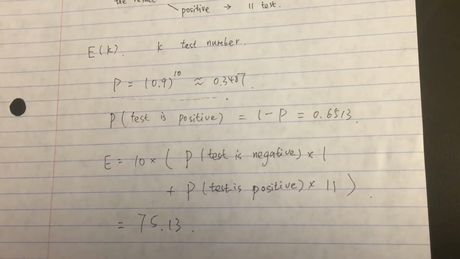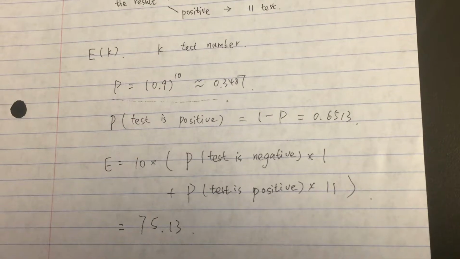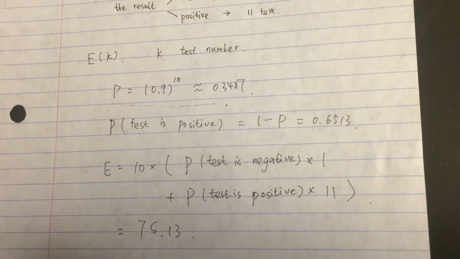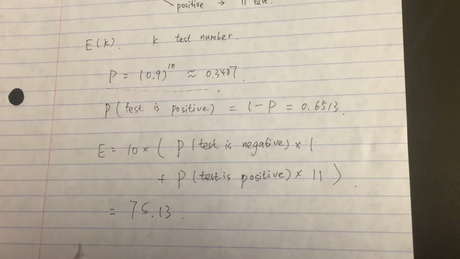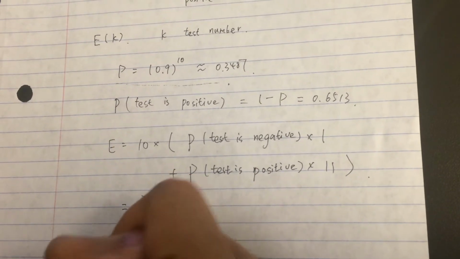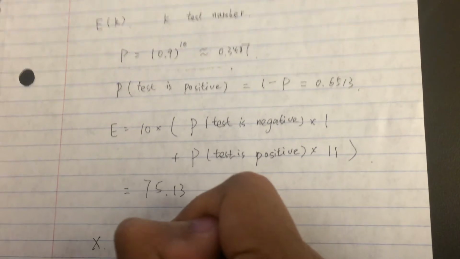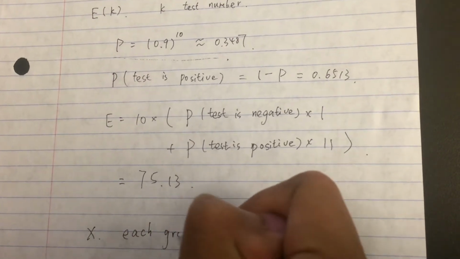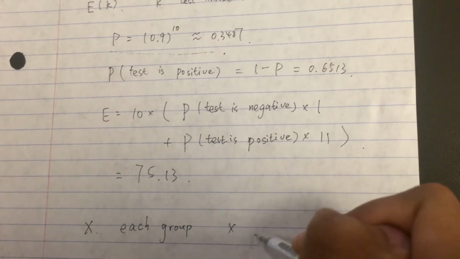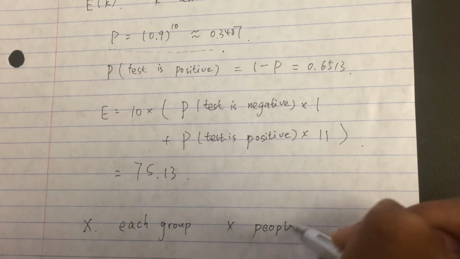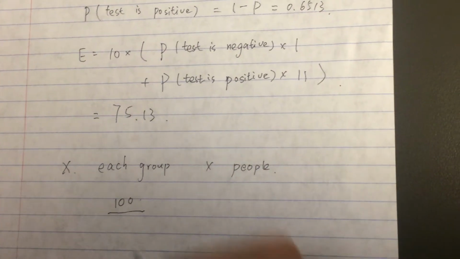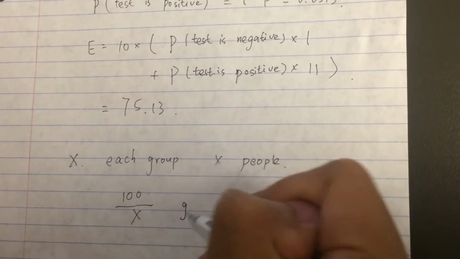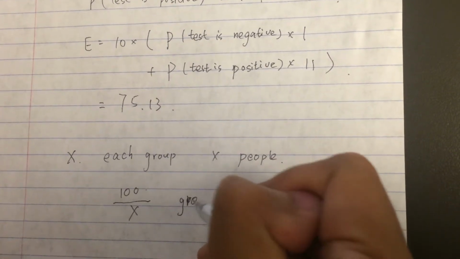But we can find a better way to test those people. So we can assume that in each group we have x people, so we need 100/x groups.